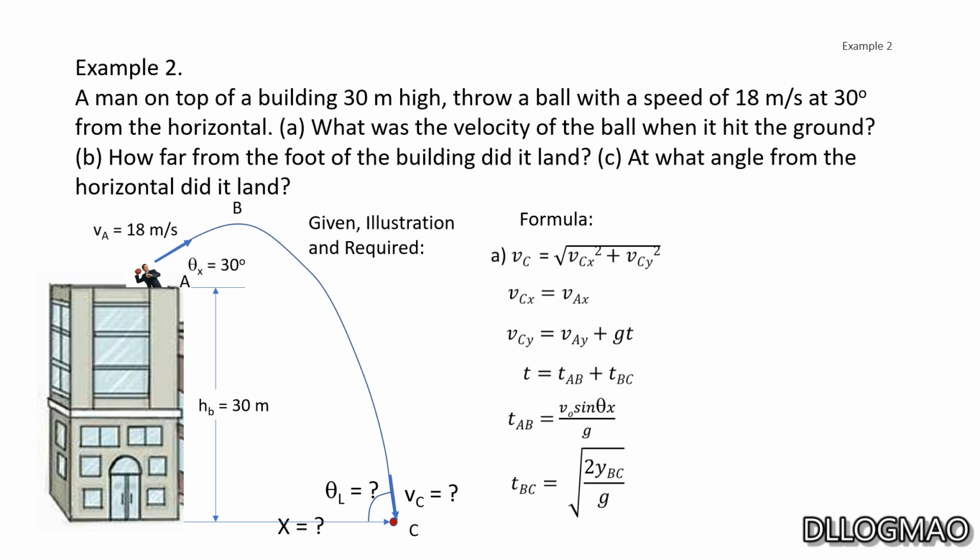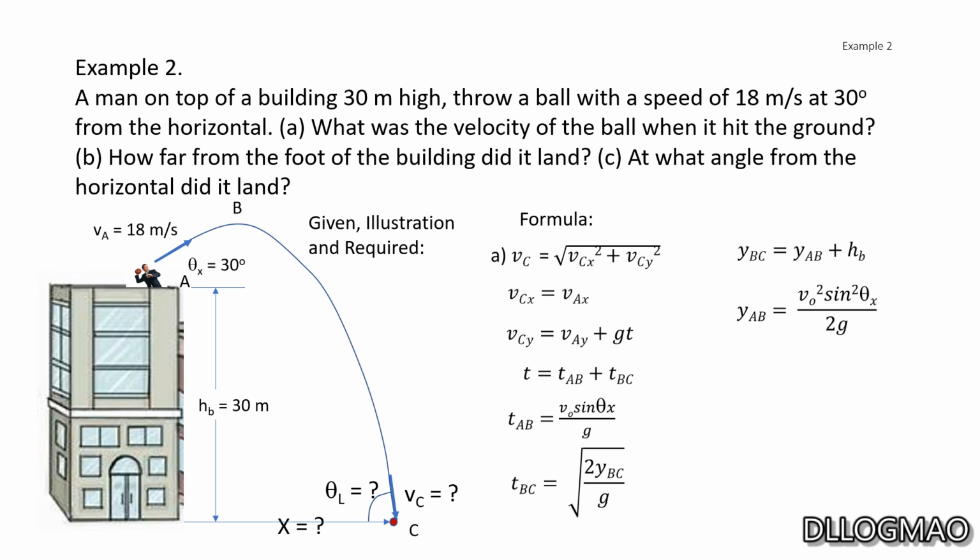What is y sub BC? The vertical distance from the highest point reached by the ball to the ground is equal to y sub AB plus the height of the building. Y sub AB is the same as y sub max, the highest vertical distance reached by a projectile.